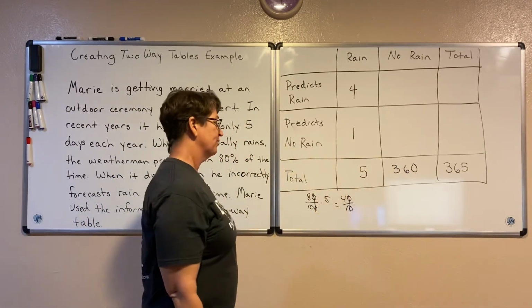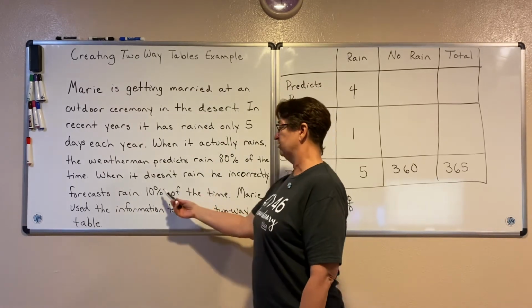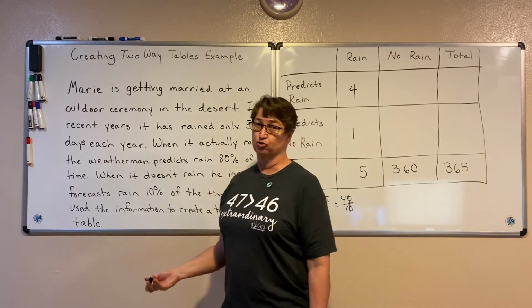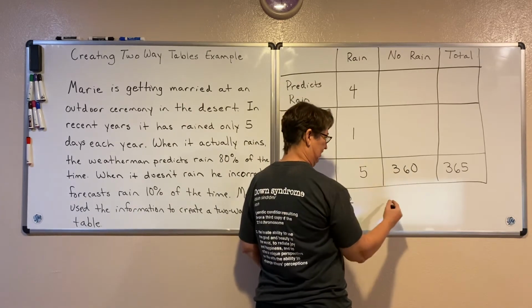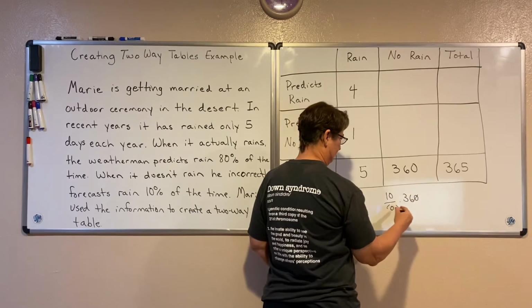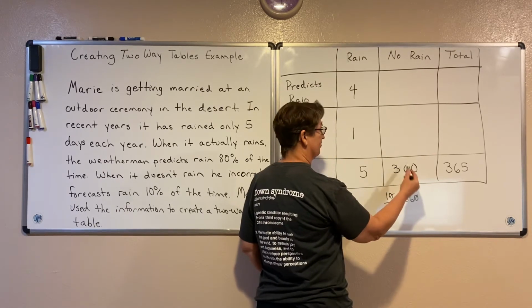Then it tells us that 10% of the time when it doesn't rain, he says it does rain. So 10% of those 360, remember with 10% it just takes and moves that decimal over one spot to the left.